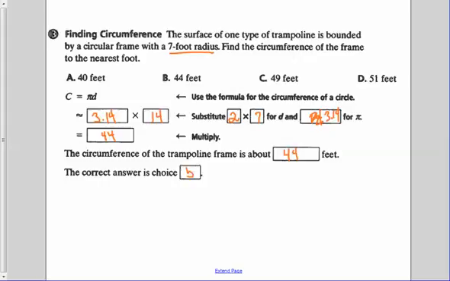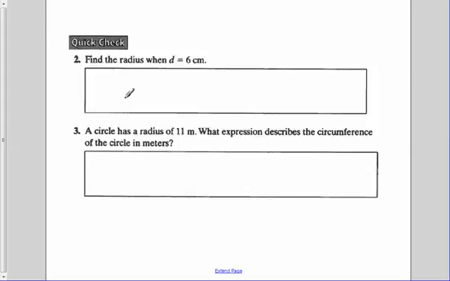Alright, you go ahead and practice and try it on these next ones. We need to find the radius when d is equal to 6 centimeters, and a circle has a radius of 11 meters. What expression describes the circumference of the circle in meters? So first, find the radius when d equals 6 centimeters.